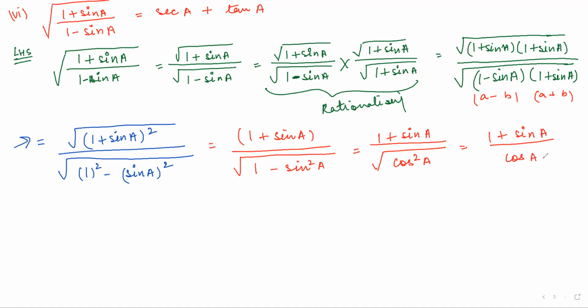Now you just break the denominator: 1 upon cos A plus sine A by cos A. I'm just splitting the denominator. See, if I again take the LCM, the LCM will be cos A, and I'll get 1 plus sine A. So I can split my denominator. Now this 1 upon cos A is sec A plus sine A by cos A is tan A. This is RHS.